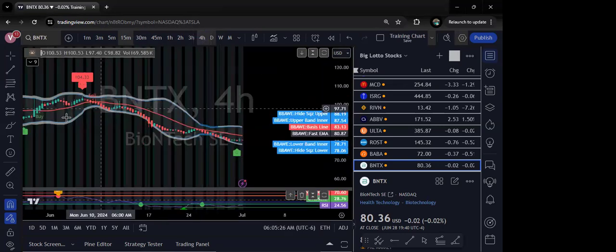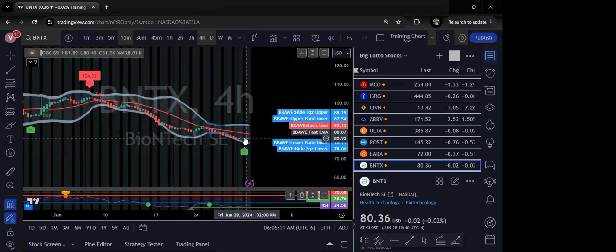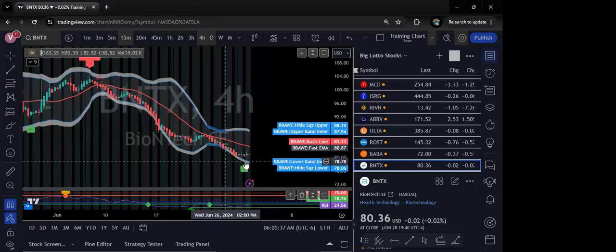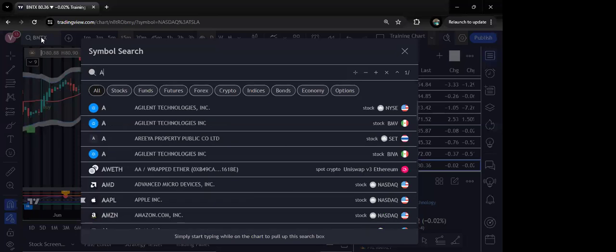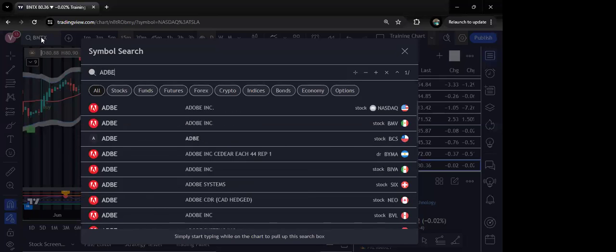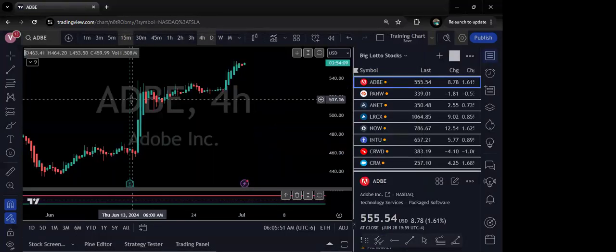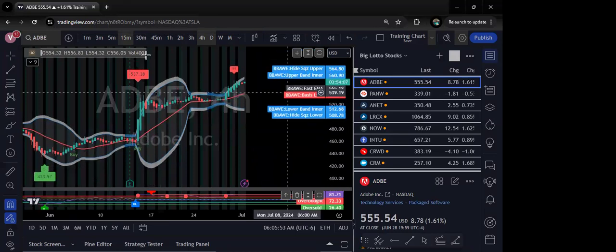So if that's whatever that stock, so for instance, if this stock, this is the bottom. Let me look at ADB. So download your FX calculator. I hope you guys use it if you've not been using it.